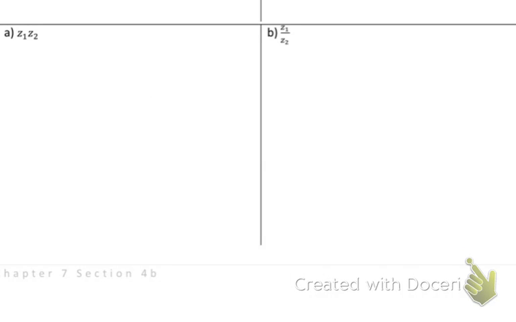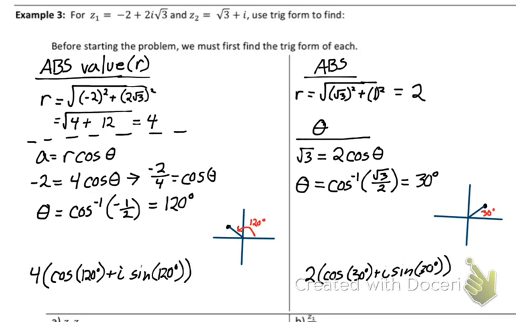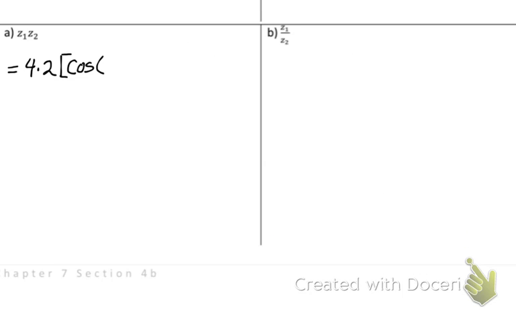So that equals 4 times 2 times the cosine. Now we're going to add our arguments. That just means add our thetas. This was 120. That's 30, so it's going to be 120 plus 30. And that's going to be plus i times the sine of the exact same thing, 120 plus 30.